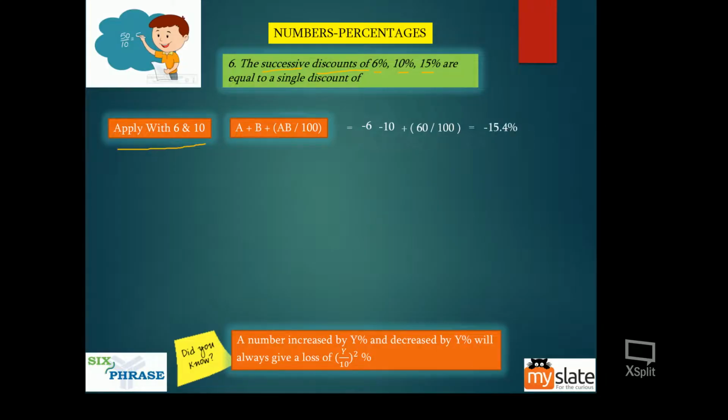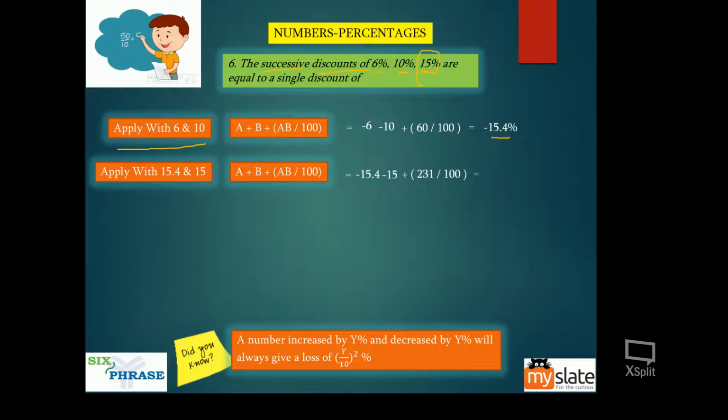Now take this 15.4 and apply it with the 15 percent. So apply with 15.4 and 15. We don't have a formula for three things, right? So we do 2 percentages at a time. So minus 15.4 minus 15, you get plus 2.31. See, it is not 31 percent, guys. It is minus 28.09 percent.